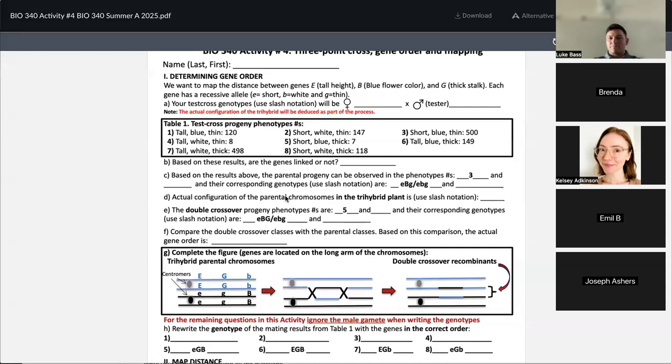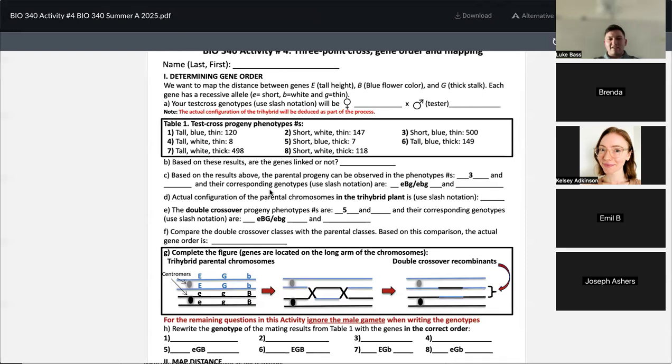And then with the pre-filled answers, because it says to complete the figures below, and then for the remaining questions, oh, ignore the male gamete. I guess it just says rewrite the genotype of the mating results with the correct order. So does that mean that the pre-filled answers technically aren't correct, or was I off with that line of thinking that I was explaining?